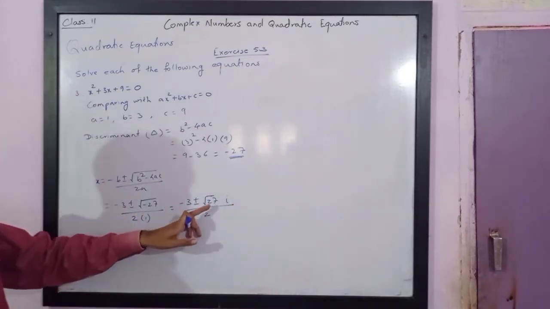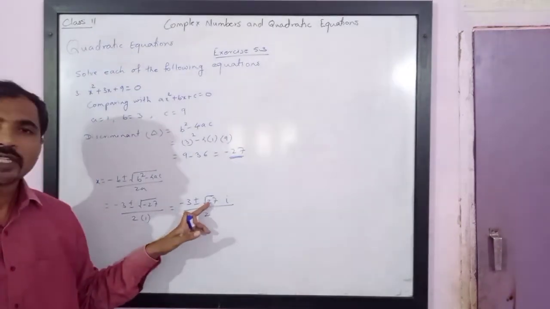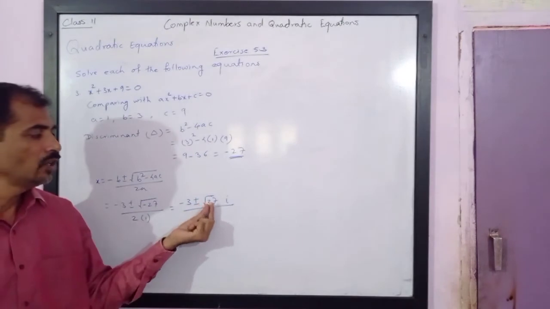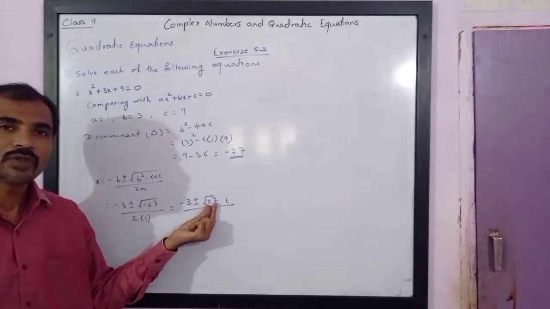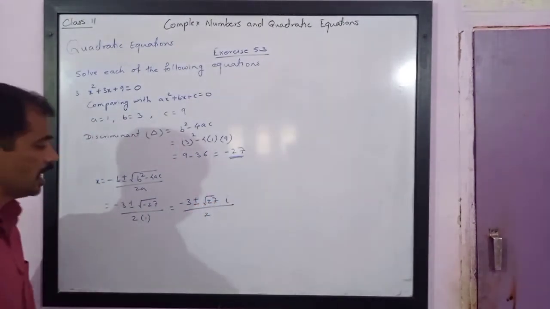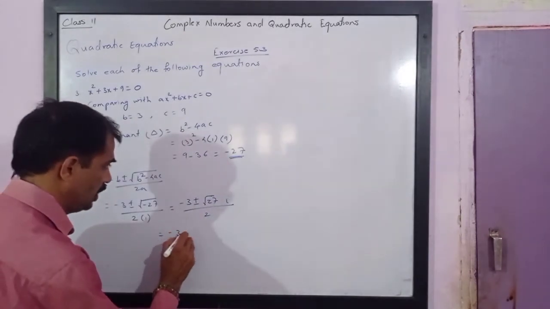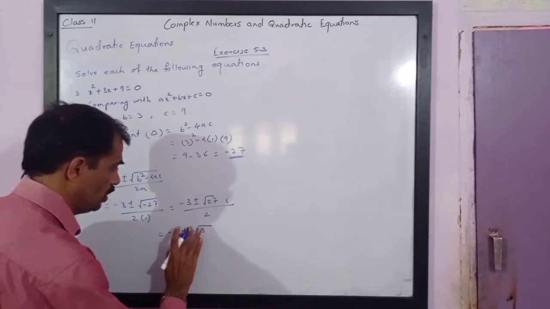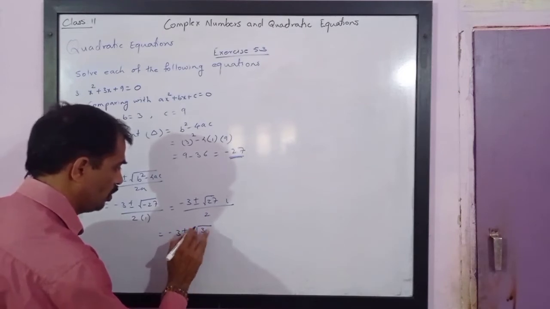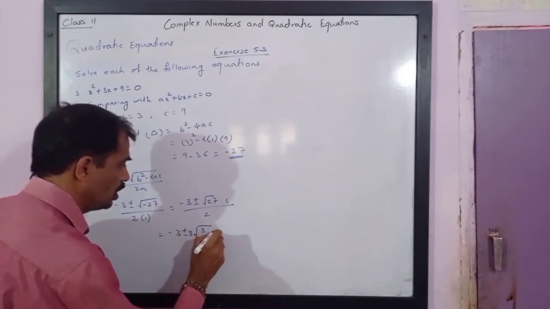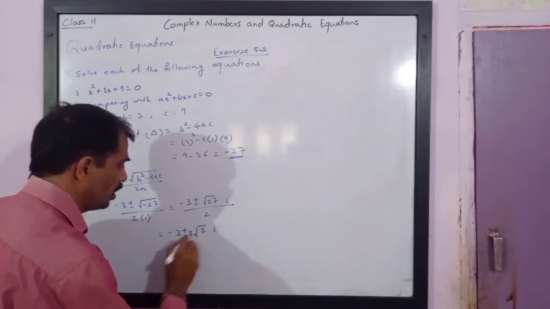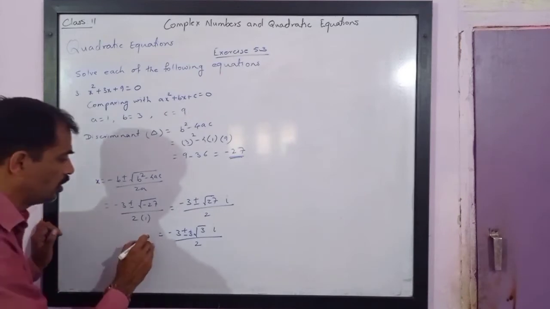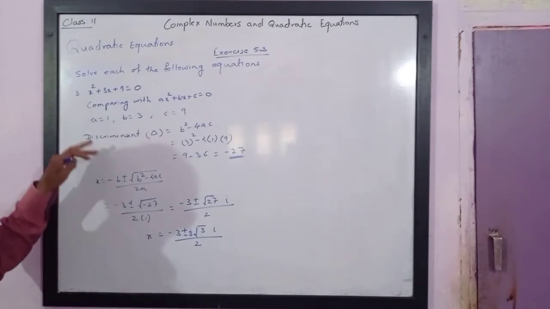Now this root of 27 can be factorized as 3 into 3 into 3, that is a 3 cube. Out of that 2 3's will come out as 1 3, so you will get this as minus 3 plus or minus 3 root 3 I upon 2. Please try to understand, it is not cube root. So these are the two values of the x.